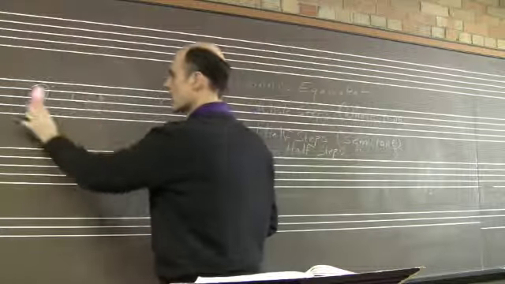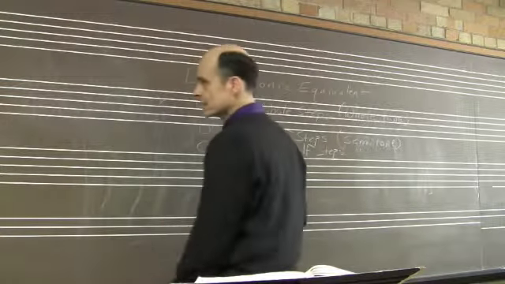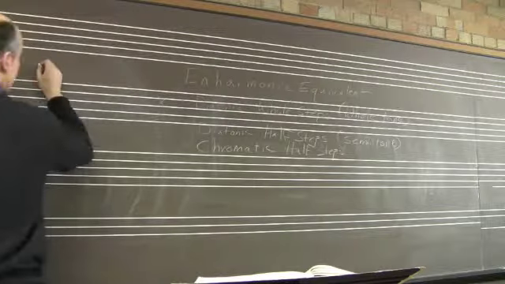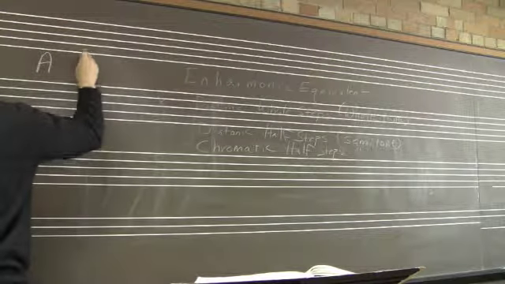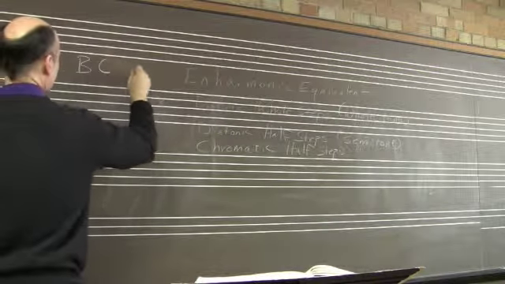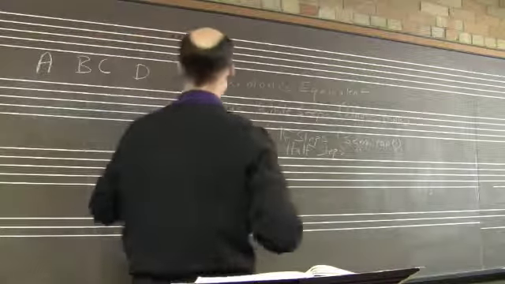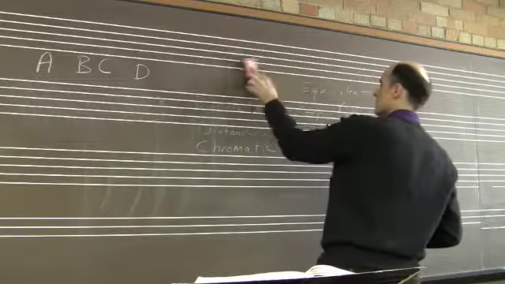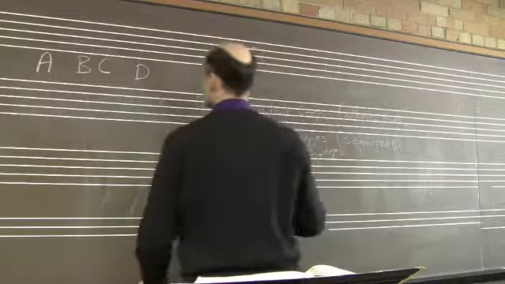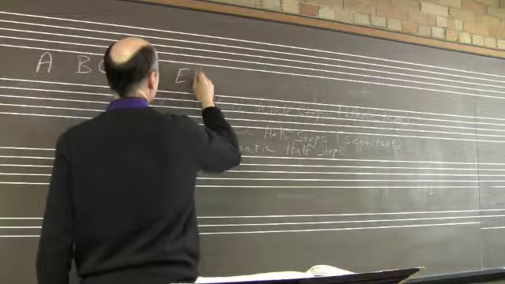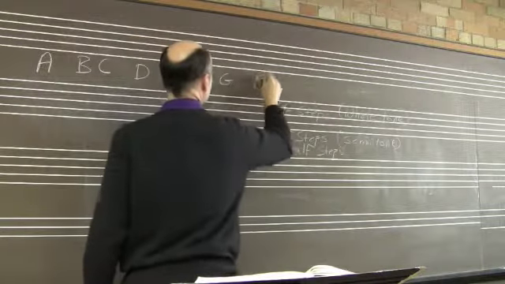Okay, so those are the things we talked about. Now, everybody, it's all based on the idea of the musical alphabet, and you have to know this. It has to be automatic.